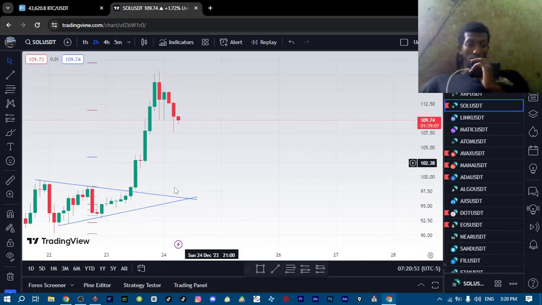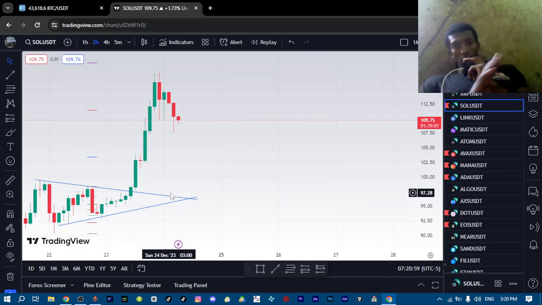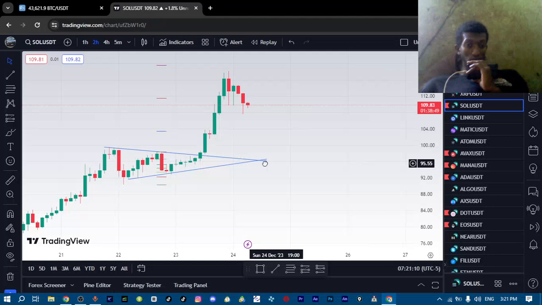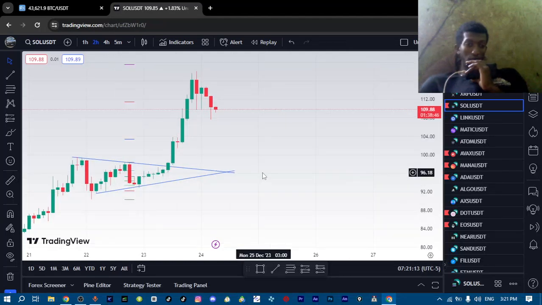The price pulled back. You will find this phenomenon everywhere. It is everywhere, in crypto, in futures, in commodities, in forex, in binary. Because this is how the market moves.